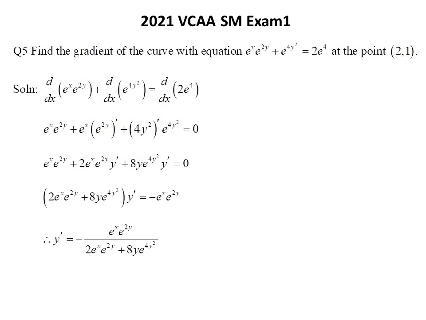Then the coordinates 2, 1 are substituted into the y prime expression. So the gradient at the point 2, 1 equals negative e squared multiplied by e squared over the sum of 2e squared multiplied by e squared plus 8e to the 4th, which equals negative 1 over 10.